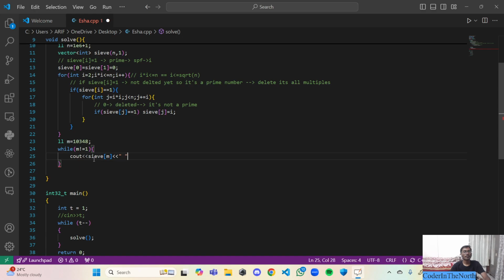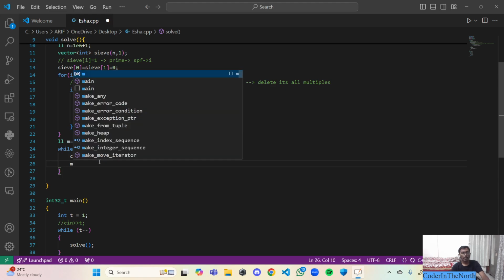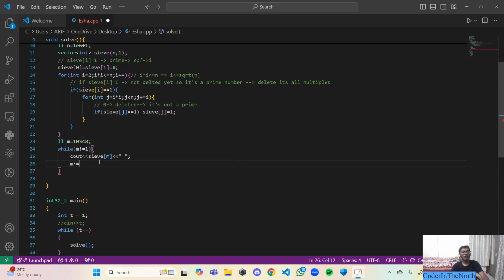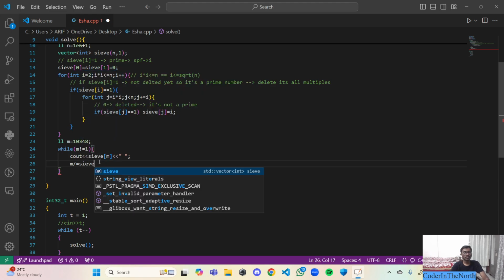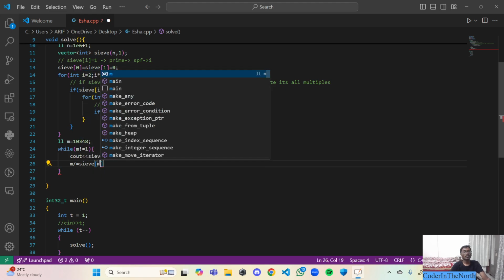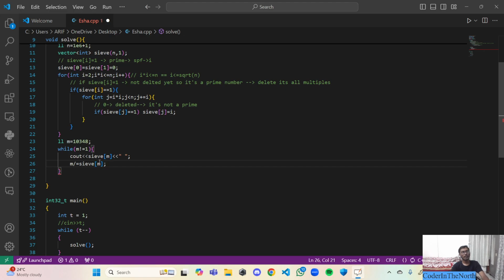In sieve we have the smallest prime factor, and the next step is dividing m by its SPF.